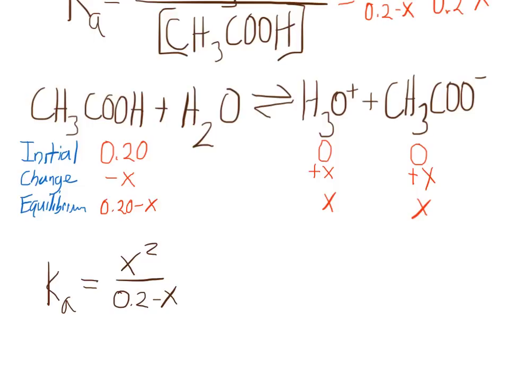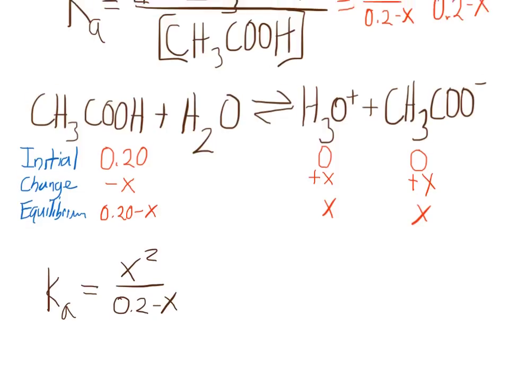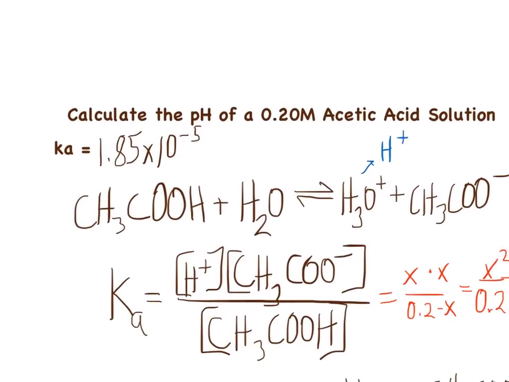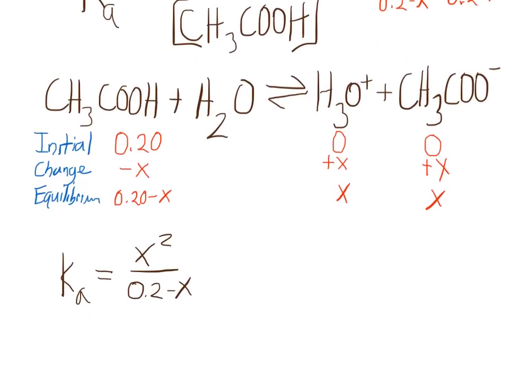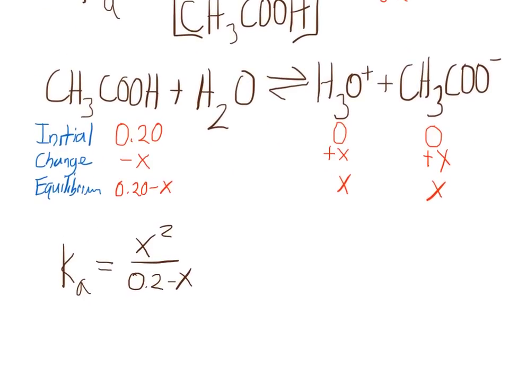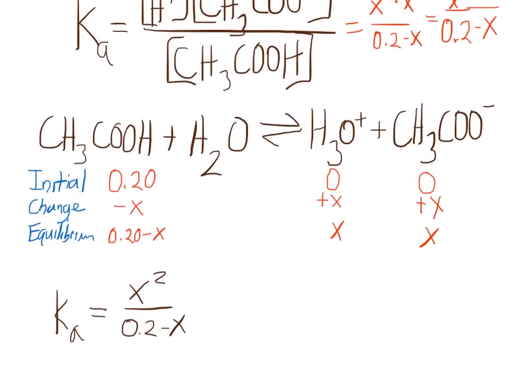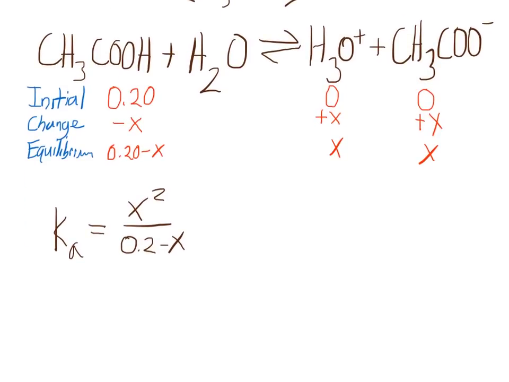I'm already forgetting what we were doing in the first place. Calculate the pH. Oh yeah, pH. So the way we were looking for the pH is by finding the concentration of the hydrogen ion. The concentration of the hydrogen ion is the same thing as the hydronium ion, which is x in the equation right here. So basically, if we figure x out, we can figure out the pH. Okay, so now that we're back on track.